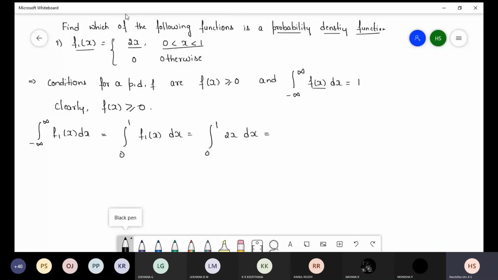Integration of x is, I will write x square by 2. 2 will get cancelled. Limit varies from 0 to 1. So 1 minus 0, that is 1. Therefore, f1 of x is a probability density function.